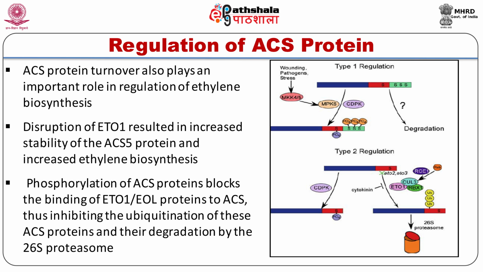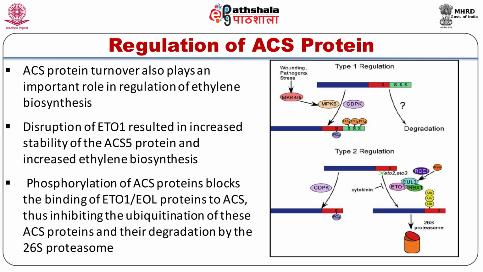In addition to ACS transcription, ACS protein turnover also plays an important role in regulation of ethylene biosynthesis. In Arabidopsis, ACS proteins are divided into three main groups based on their C-terminal sequences. Type 1 proteins consist of an extended C-terminus containing 3 conserved serine residues that are targets for phosphorylation by mitogen activated protein kinase 6, as well as a conserved serine residue that is a phosphorylation site for calcium dependent protein kinase.